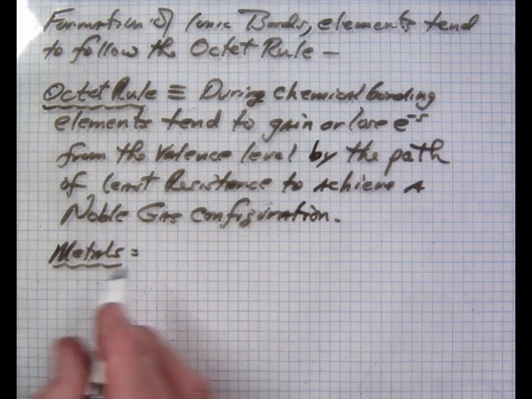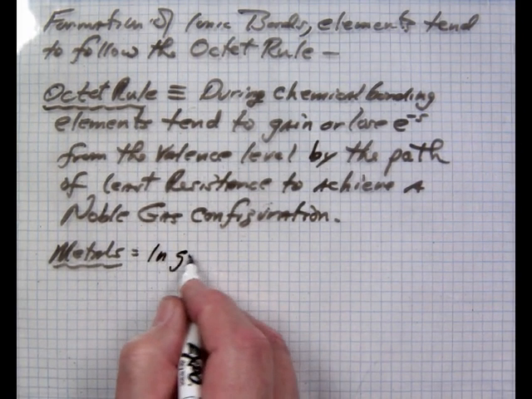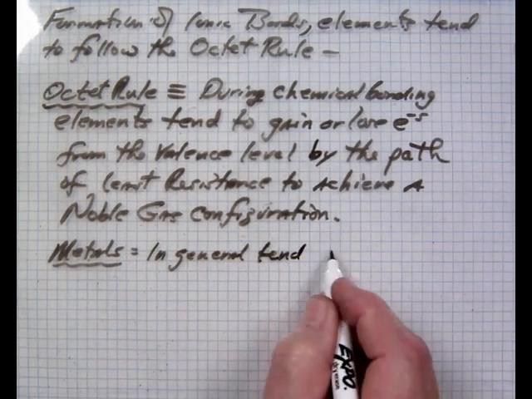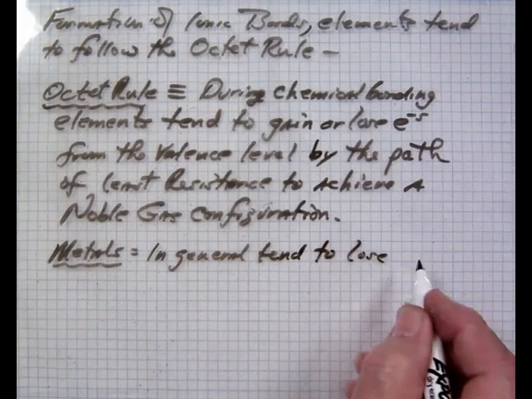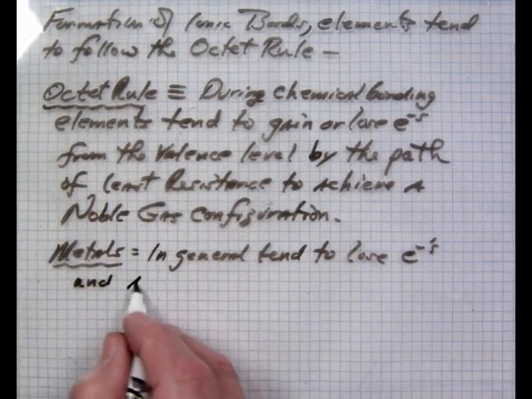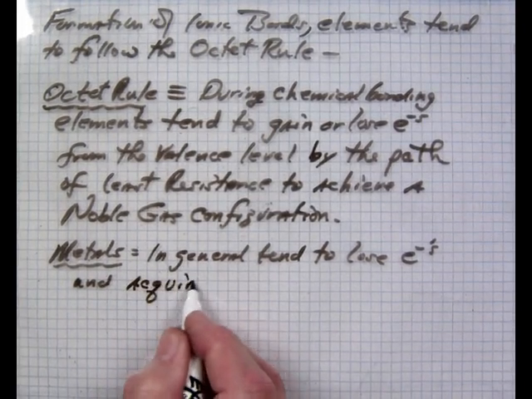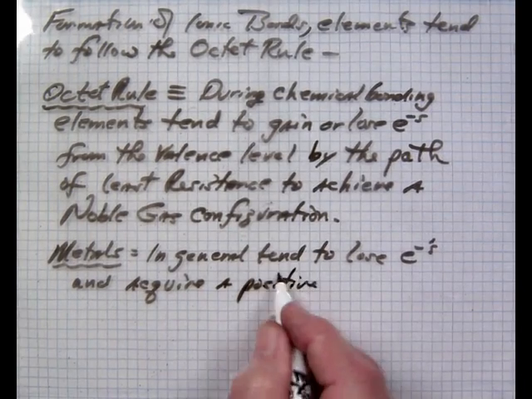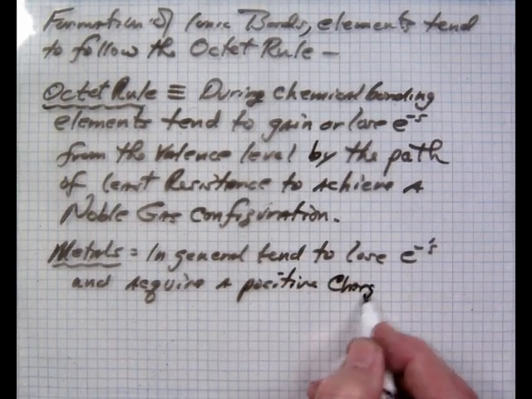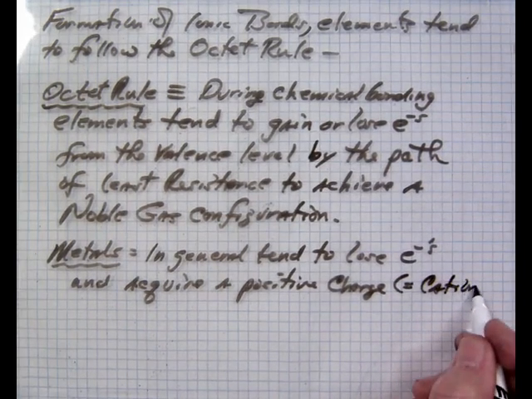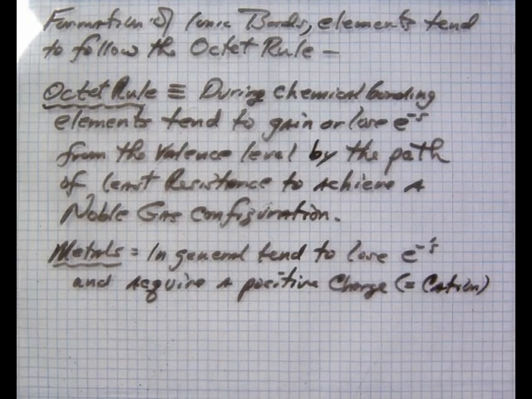Metals in general tend to lose electrons and acquire a positive charge, and of course that is the cation of the ion pairs, cation, anion.